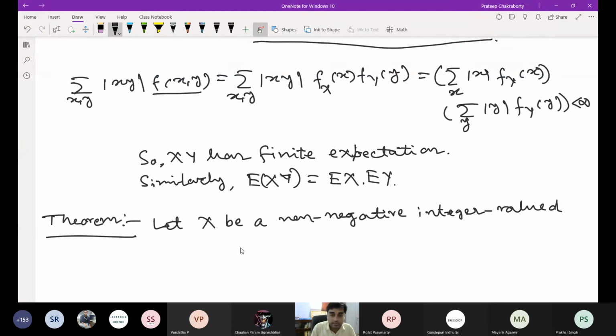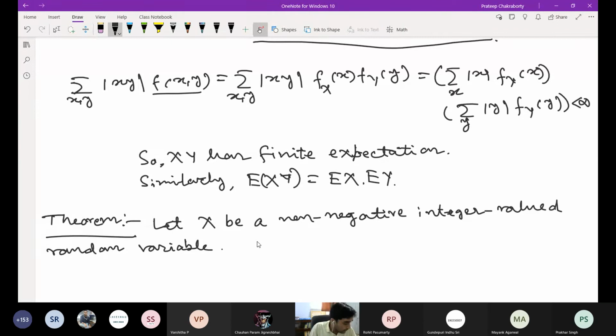So the values it assumes are non-negative integers, which means it has to be discrete.